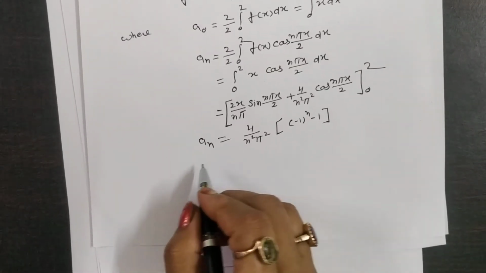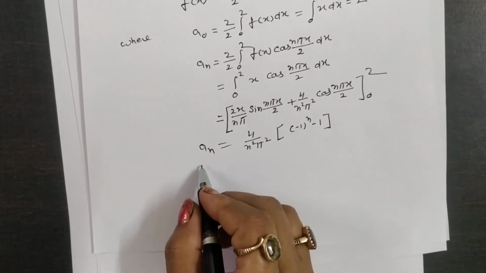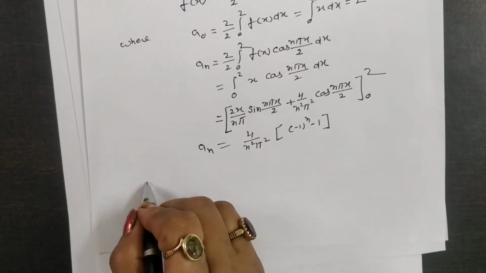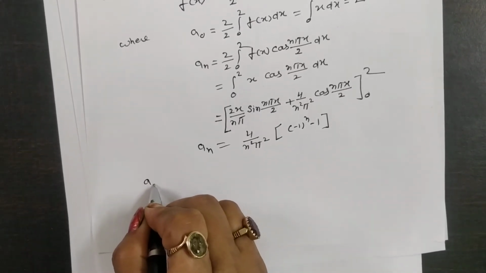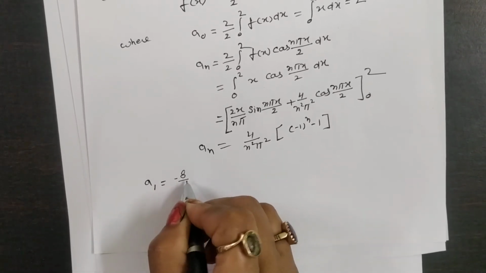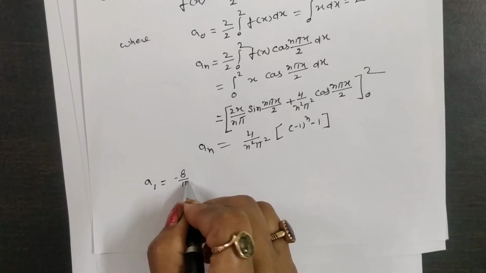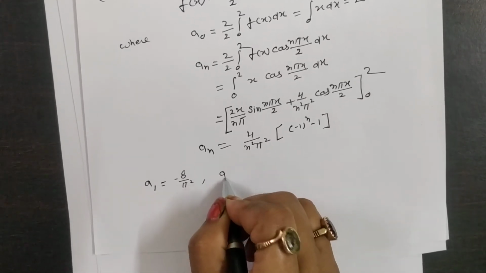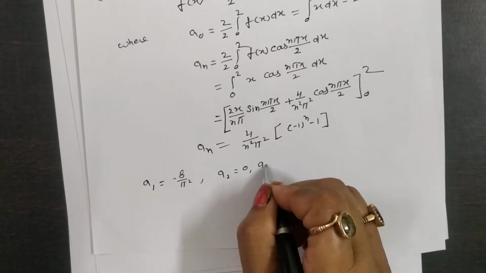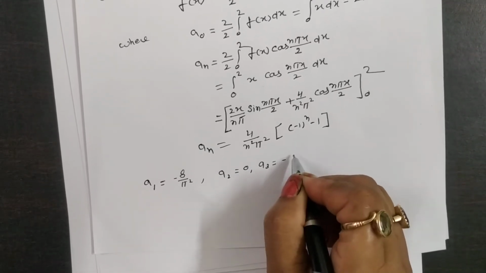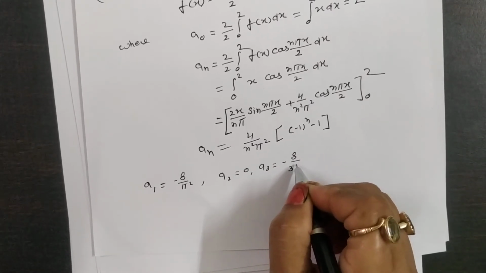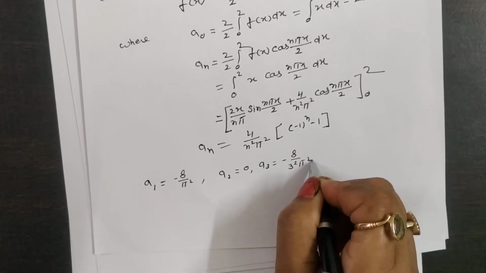According to this, if you calculate for n is 1, a1 is minus 8 by pi square. Similarly a2 is equal to 0. Similarly a3 is minus 8 by 3 square pi square.